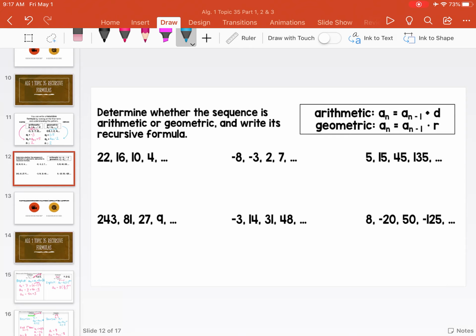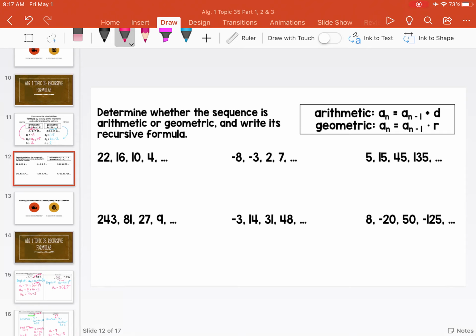Looking at the first example, we have 22, 16, 10, and 4. So looking at this sequence, we have to identify, okay, is it arithmetic or geometric? Well, in order to get from 22 to 16, from 16 to 10, from 10 to 4, if I think about those on the number line, they're evenly spaced out.